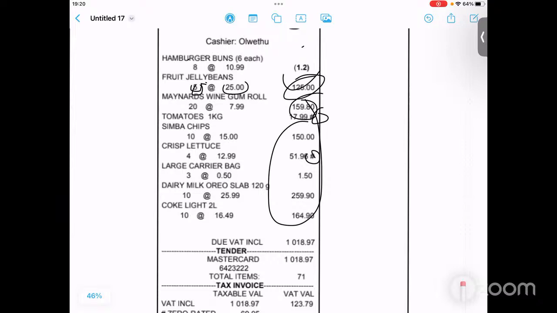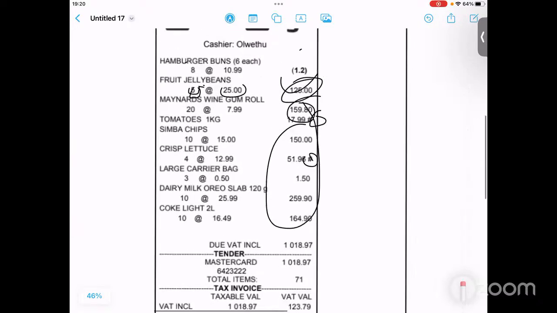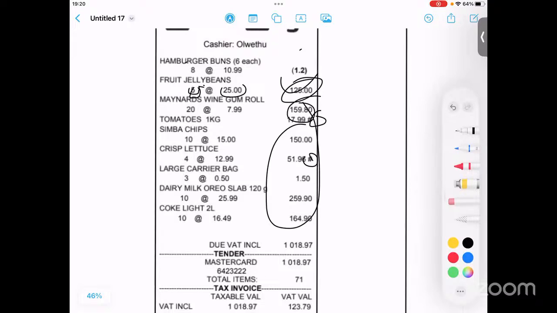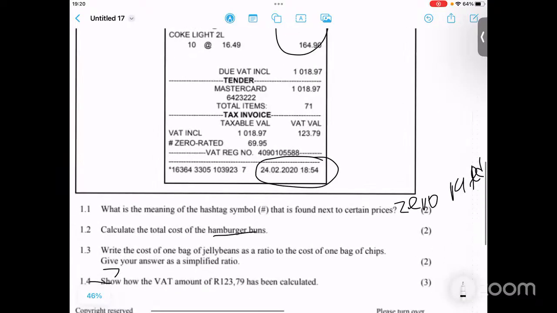Ma'am, you multiply 8 by 10.99. 8 multiplied by that, and how much did you get? That's correct. 87.92. Okay, let's do this. 87.90. Okay, perfect. And let's look at 1.3.